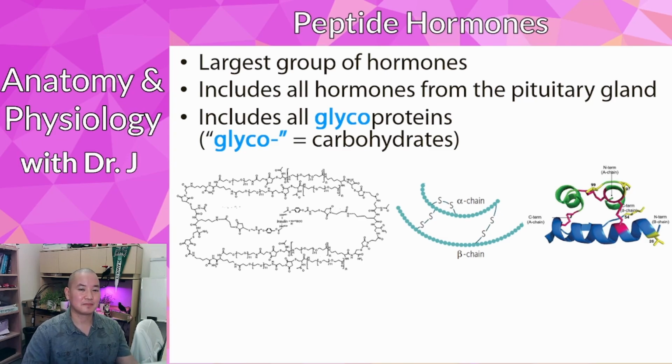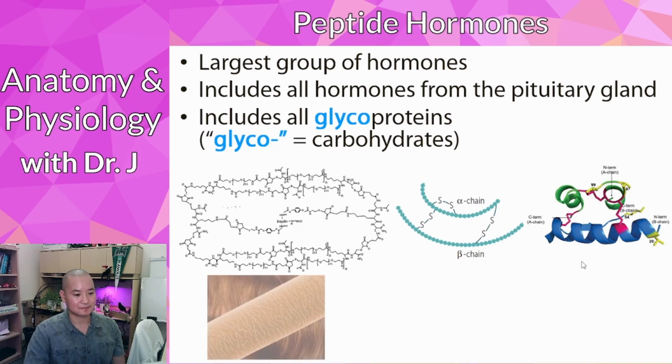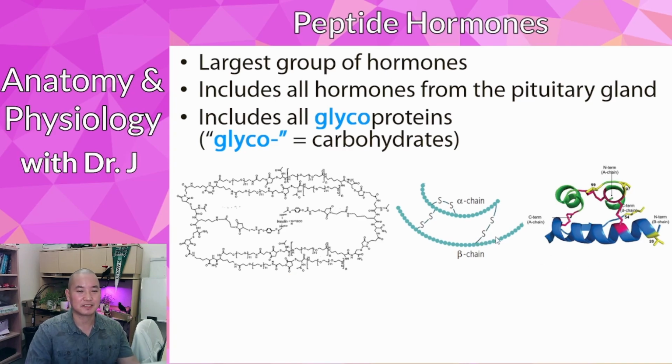So these are all the same way of showing the same hormone. Remember, this is insulin, made up from a polypeptide, a long chain of something. It's just showing you different ways of representing it. If you see a chain of beads, or these ribbon structures, this is probably referring to some sort of peptide or polypeptide hormone. It's like saying, show me a picture of hair.